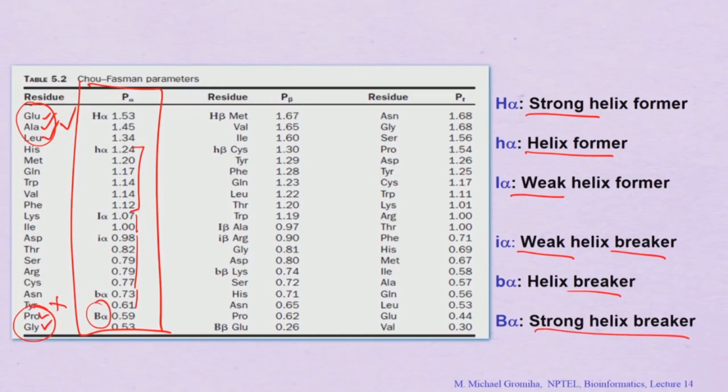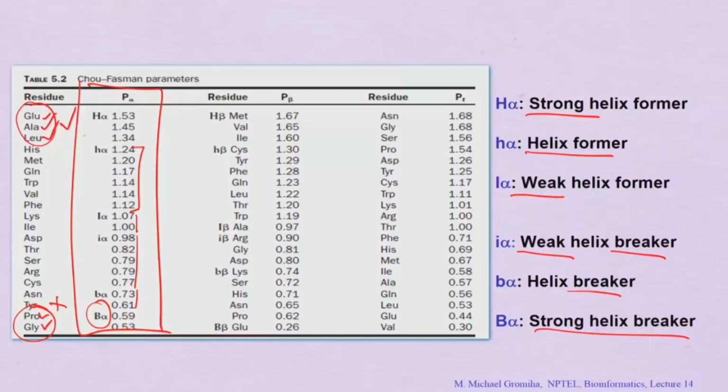So, based on the propensity numbers, they grouped into 6 groups: strong helix former, helix former, weak helix former, weak helix breaker, helix breaker and strong helix breaker. And you can use this information to predict the secondary structures. If you have any segment which contains mainly these residues, then there is a high probability to be in helix. If they have more residues in this category, then it has less probability to be in alpha helix. This is for helix. Then we can do this for beta strand or coil or turn.